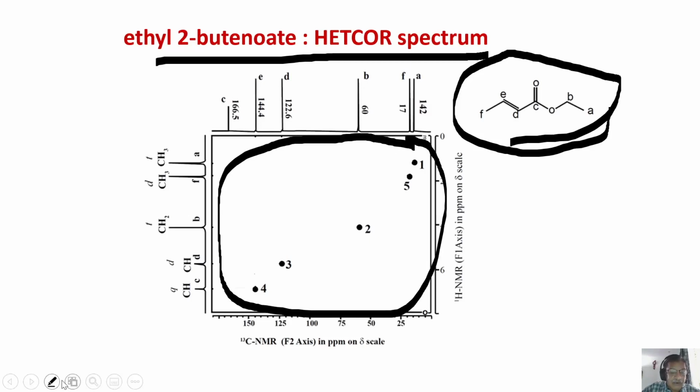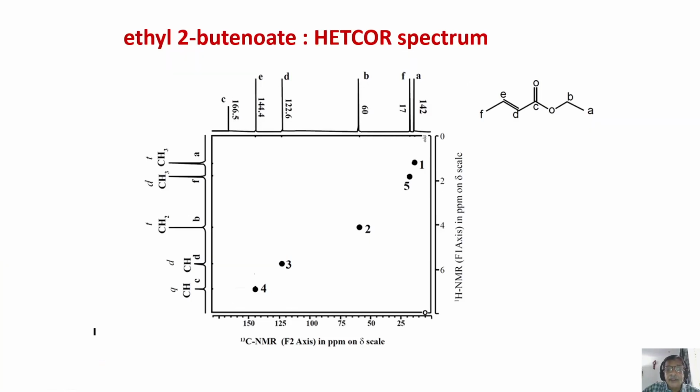Now look at this, what you are observing here. Remember in the proton spectrum of this molecule, this is the CH3 peak we know. This is the proton axis. Go horizontally along this axis and you are going to hit a peak here.